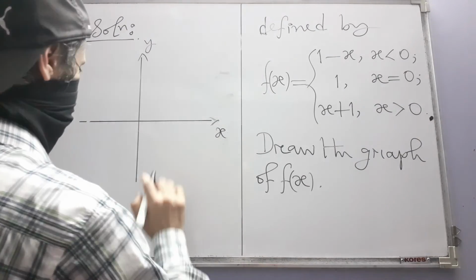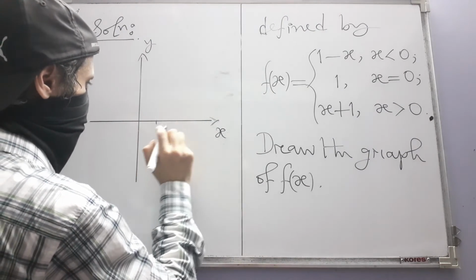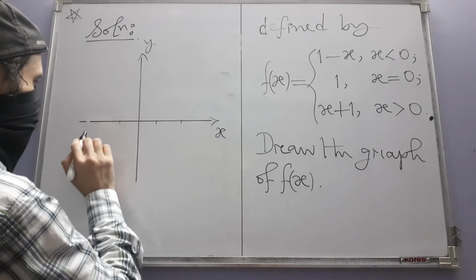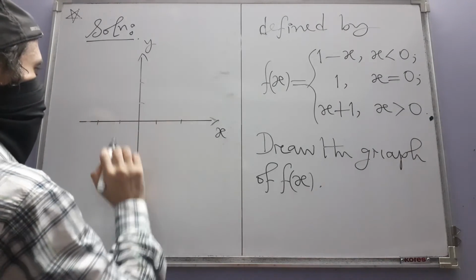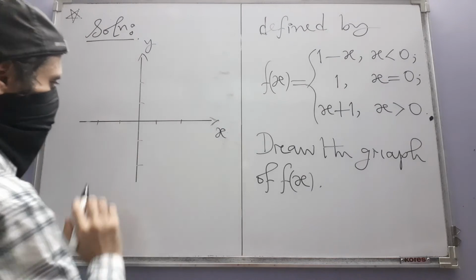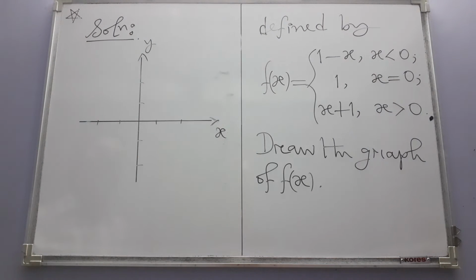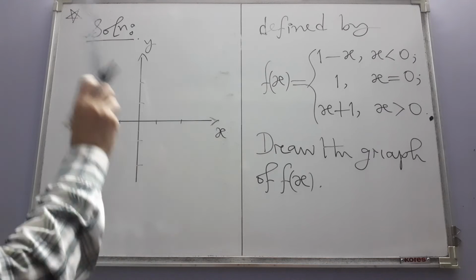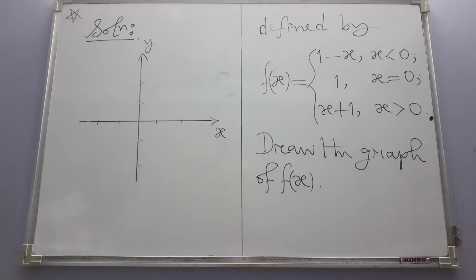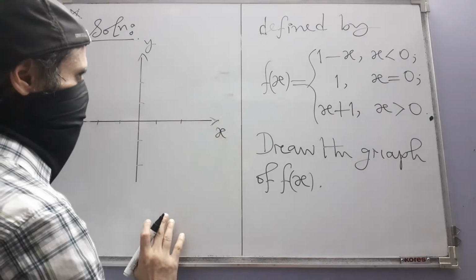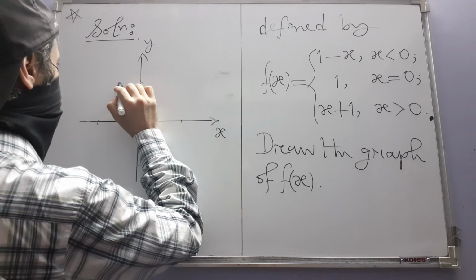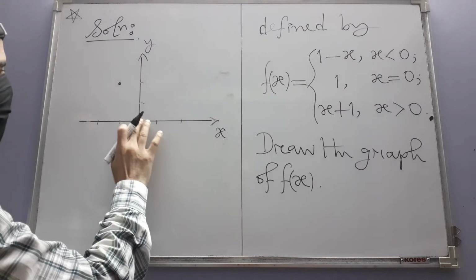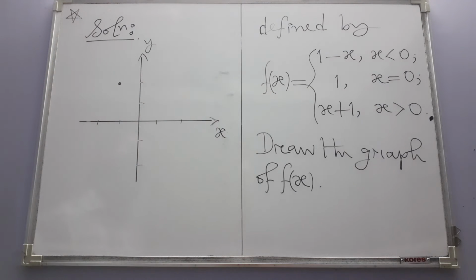So that means I have to actually mark these things out at least 2 units distance from the origin along all the 4 sides. So when I put x equal to minus 1, it becomes 2. So this is 1 point: minus 1 comma 2.